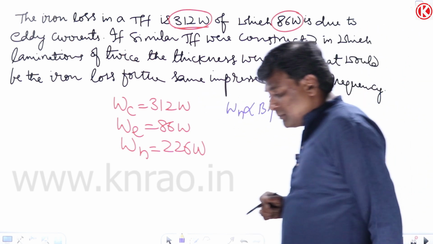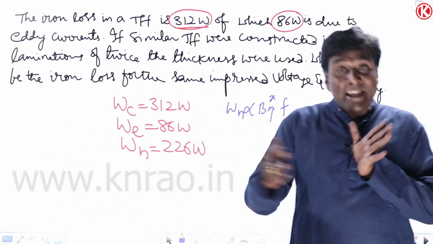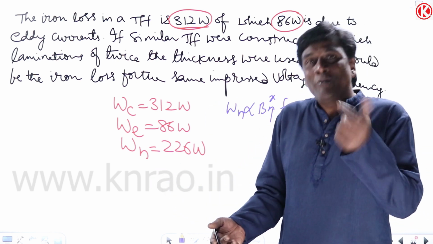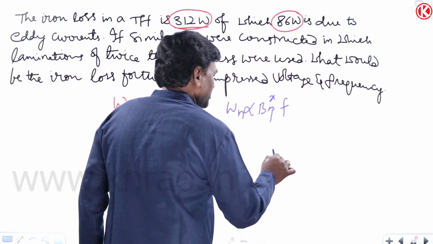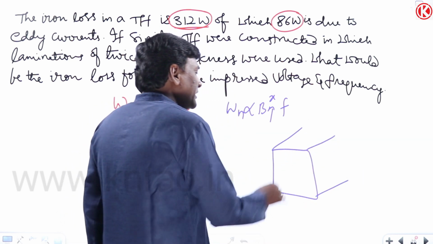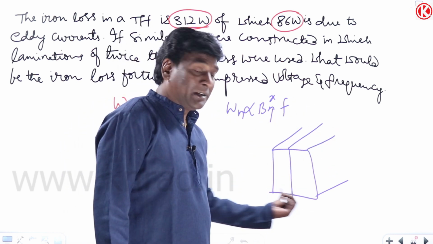And one more thing is, many people may feel that when thickness of laminations is increased, area of cross section will be increased. It is not like that. When thickness of laminations is increased, number of laminations will be reduced. Most of the guys will have that particular problem. If this is area of cross section of the core, if I use 2 laminations only, thickness of laminations will be like this.